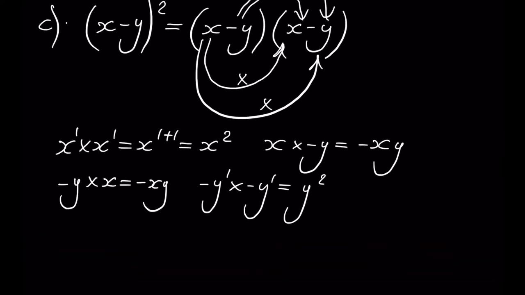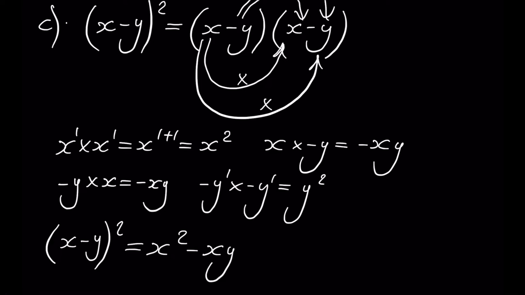Now, to find the answer to x minus y all squared, we need to add up all of these products that we found. So this gives us x squared minus xy minus xy plus y squared.